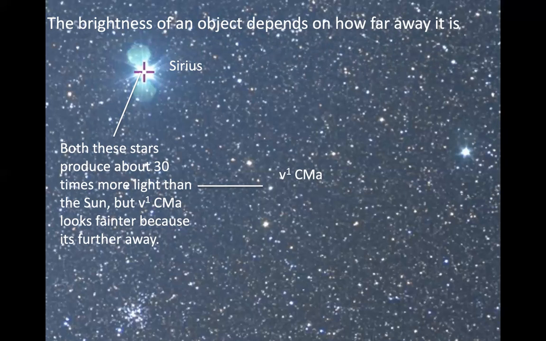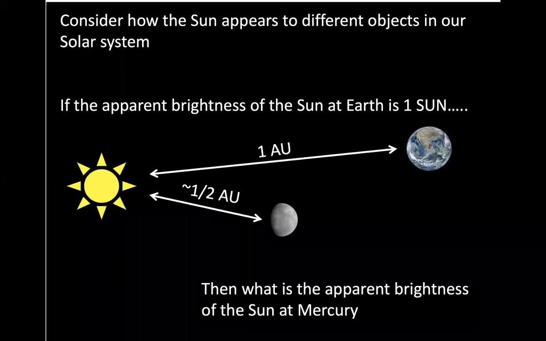Now, this shouldn't be too surprising to you. Just to take some examples from within the solar system. On Earth, we know the sun is fairly bright because, don't look directly at the sun. The sun is a source of an immense amount of light and is fairly close to us, and so is responsible for daytime and all of that.